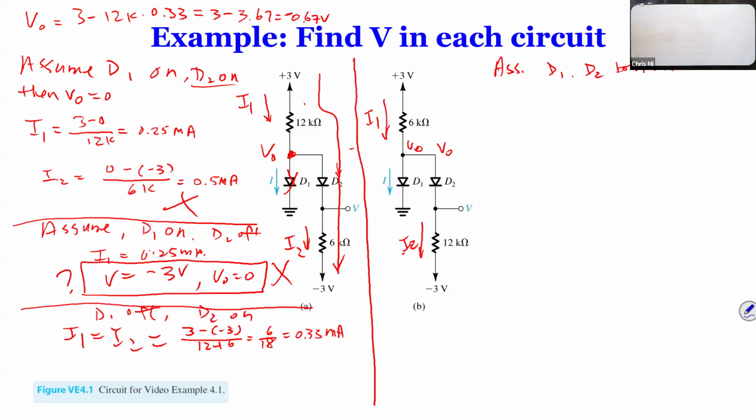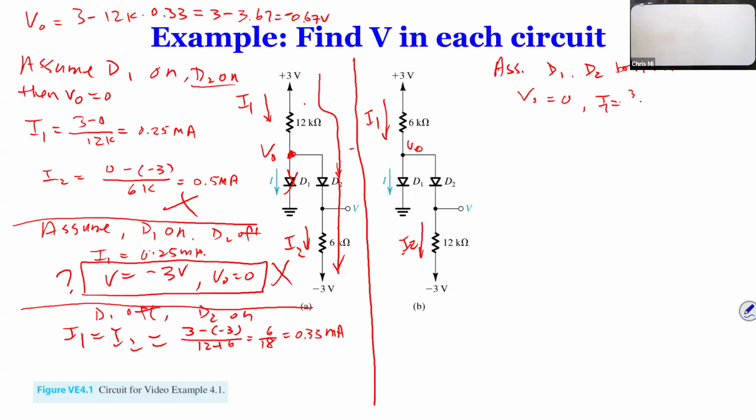Right away, you know that the voltage VO is how much, like we did last time? Because D1 is on, VO is 0, okay? So if VO is 0, how much is I1?